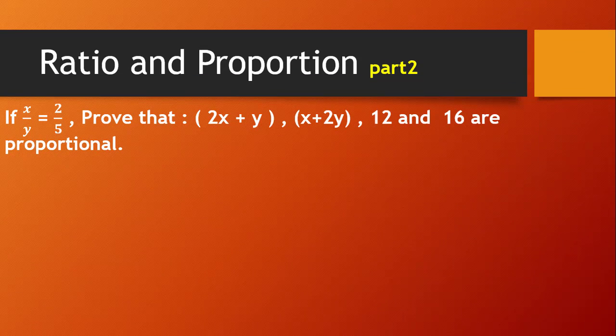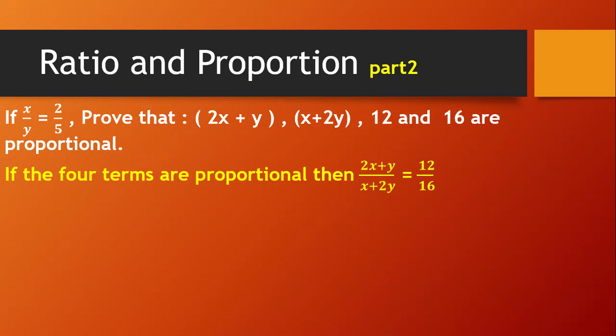Another exercise: if x over y equals 2 over 5, prove that 2x plus y, x plus 2y, 12 and 16 are proportional. In this case, in the same way, I'll assume that x equals 2m and y equals 5m.